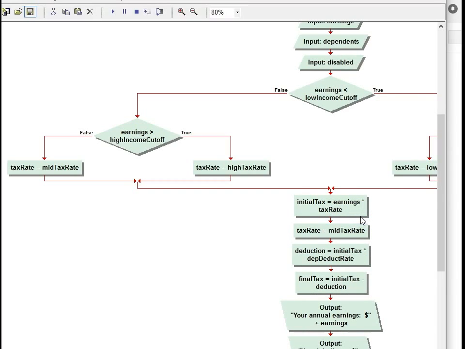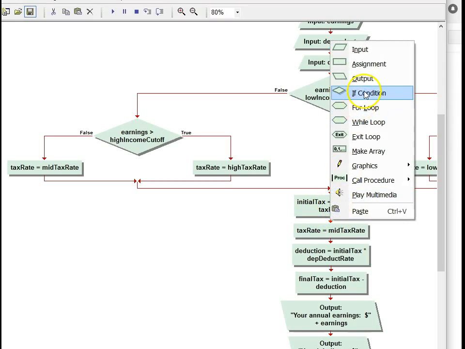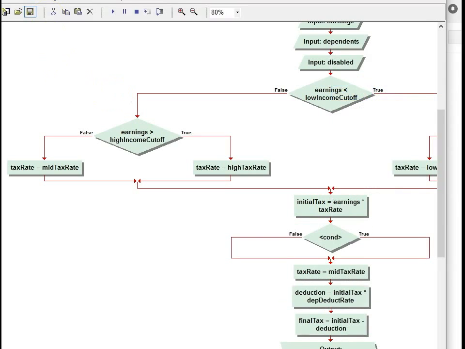No, we will not. What did I do? All right, so if that, then we'll go ahead and add another decision right here. Yeah, this is what I copied in right there.